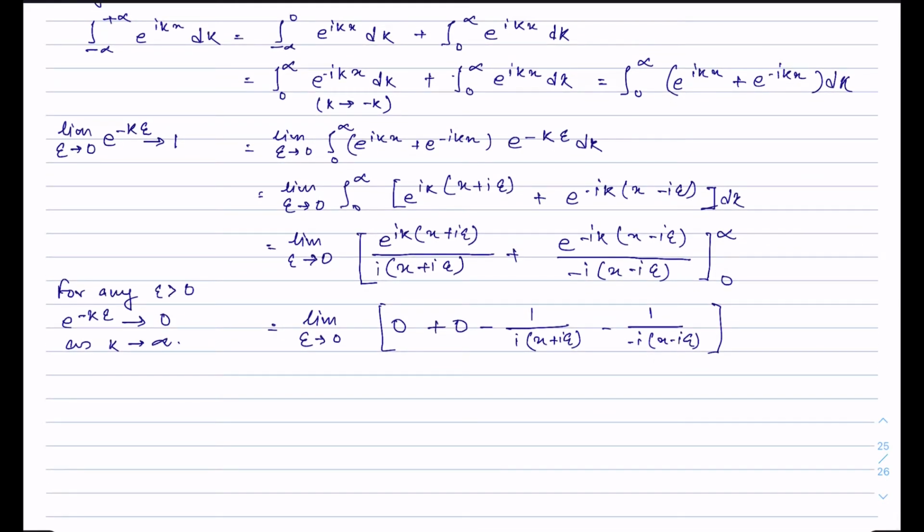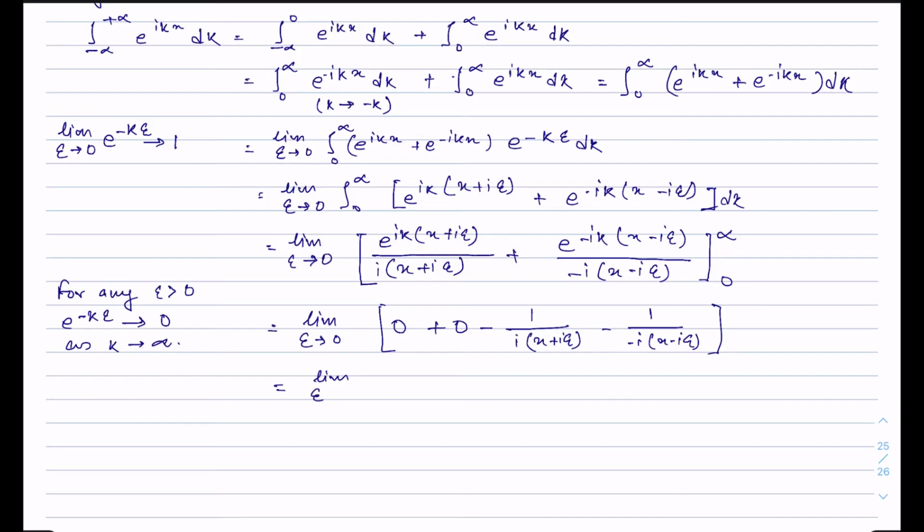So we have limit epsilon tends to 0 of i by (x plus i epsilon) minus i by (x minus i epsilon), which is equal to limit epsilon tends to 0 of 2 epsilon by x squared plus epsilon squared.